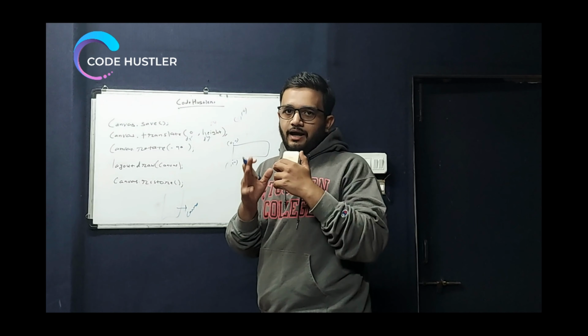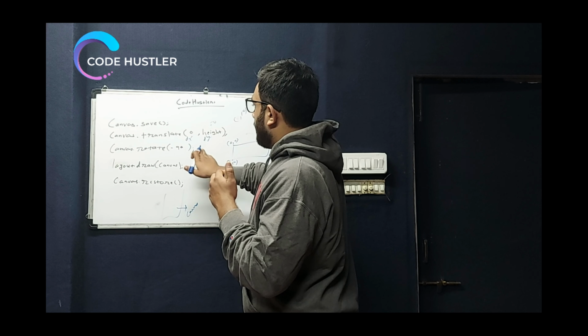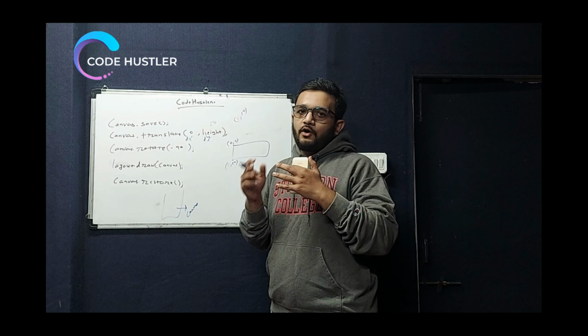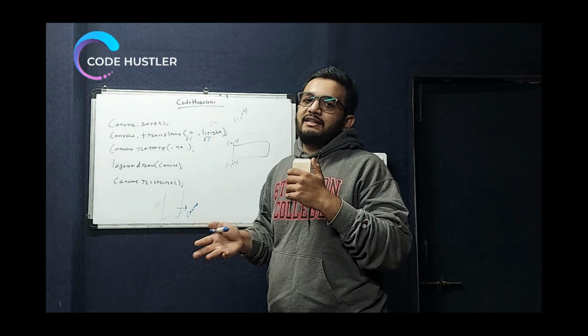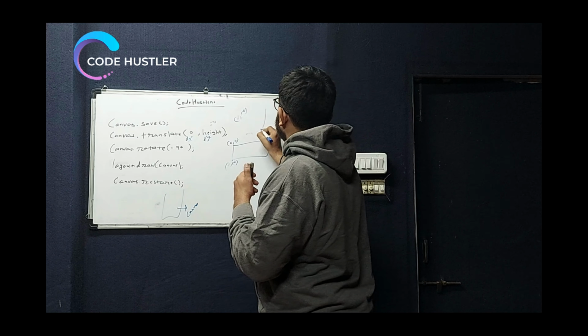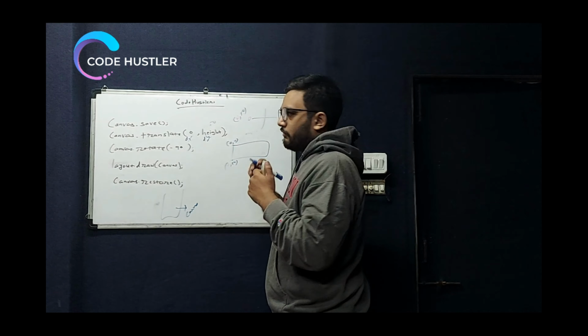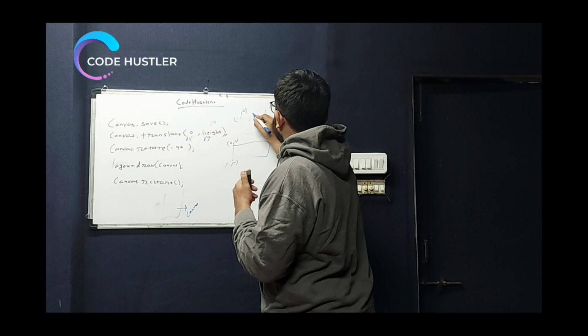Now let's go to the next line, which is canvas.rotate. What does canvas.rotate mean? We need to rotate the text view by -90. Why have we used -90°? If you see this quadrant, it's 0 and we move in a clockwise manner: 90, 180, 270, 360.